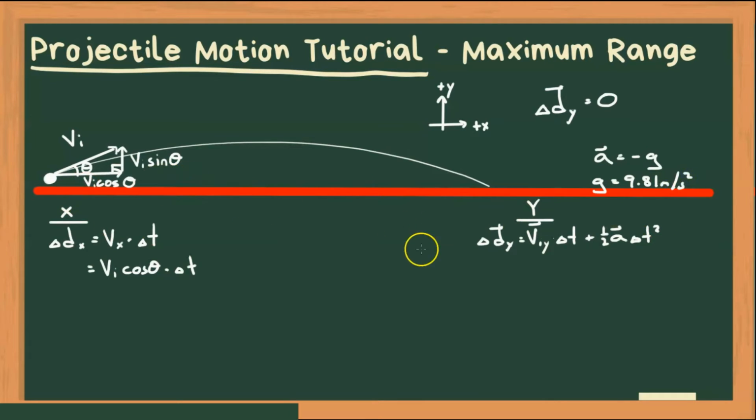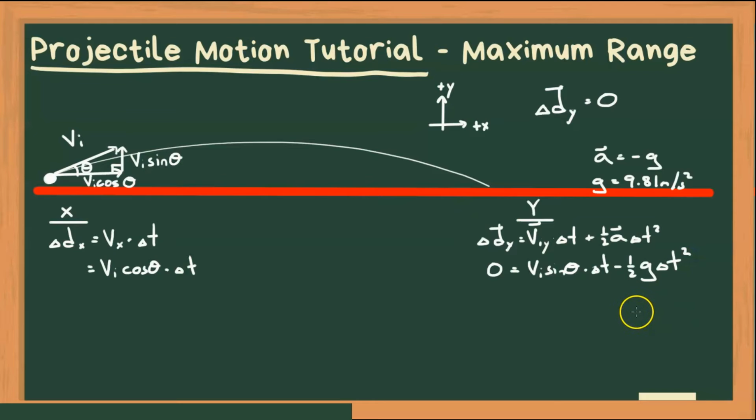So when I substitute what we know, this is going to be 0, VIY is going to be positive vi sine theta times time, and a is negative g, where g is 9.8, but I'm not going to substitute numbers in yet anyways.